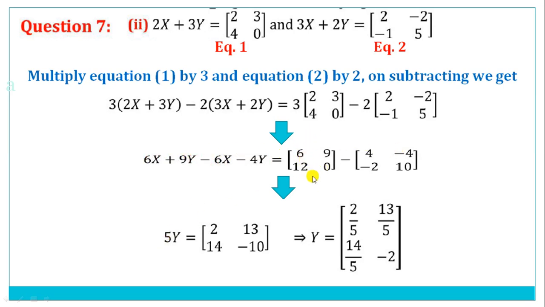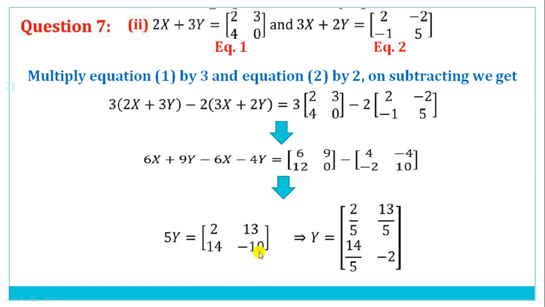After subtracting the corresponding elements in both the matrices, this is what we will receive. Obviously 6 minus 4 is 2, and 9 minus 4 is 13, and 12 minus 2 is 14, and 0 minus 10 is obviously minus 10.